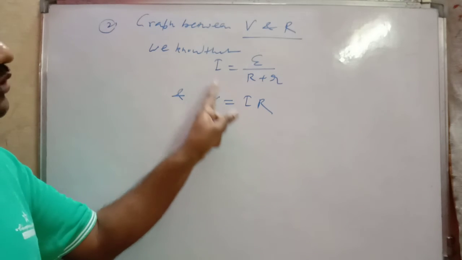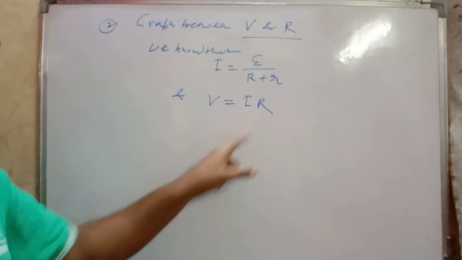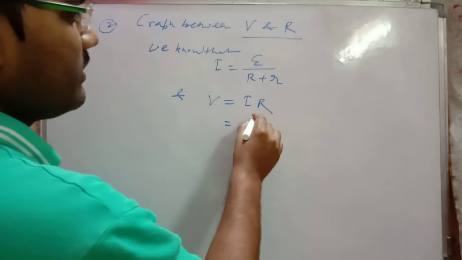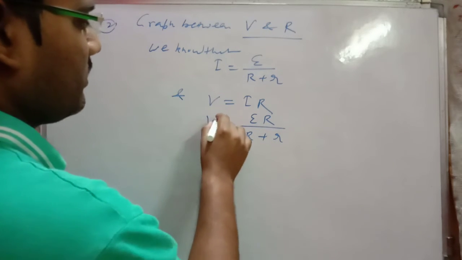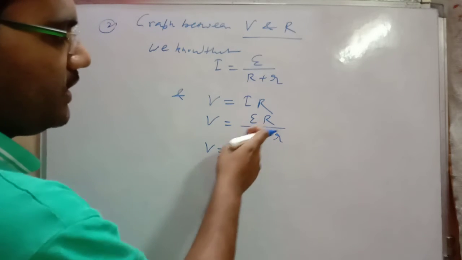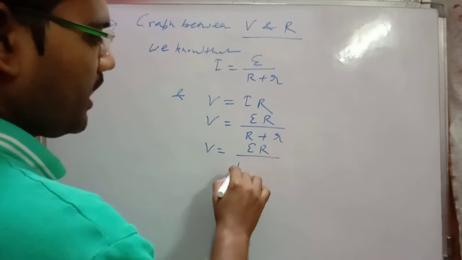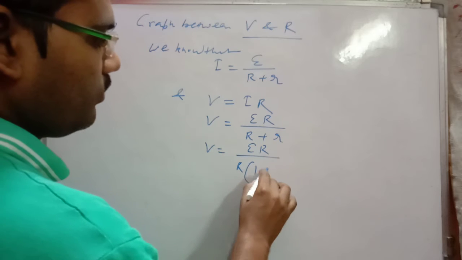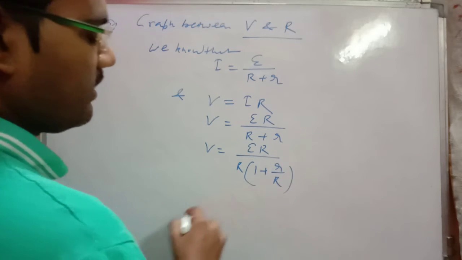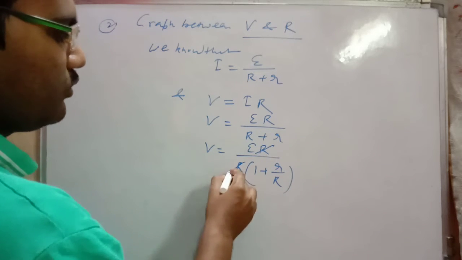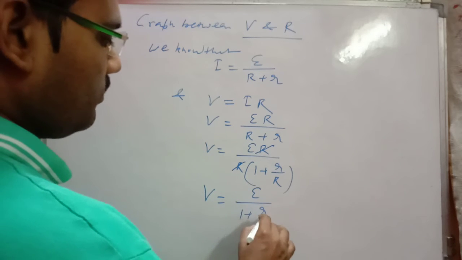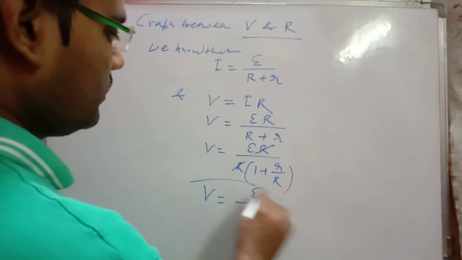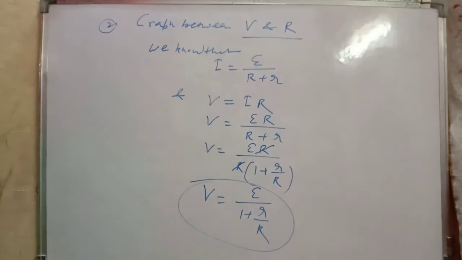Now we substitute the value of this I here, we get ER by R plus r. Now here we take capital R common, then here 1, here r by R. Now here capital R cancels, that means V is equal to E by 1 plus r by R. This one is the expression.